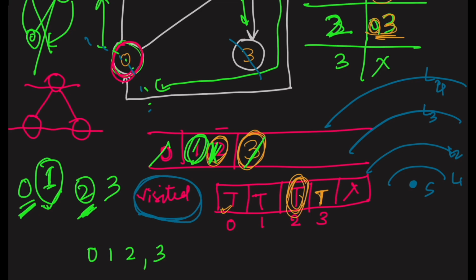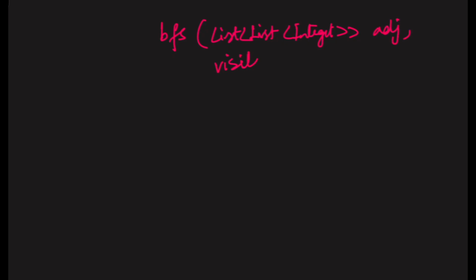Let's write the code for this. We are going to create a method called BFS. We are going to use a list of list of integer, and it will be adj. Another one is the visited array, which should be a boolean.